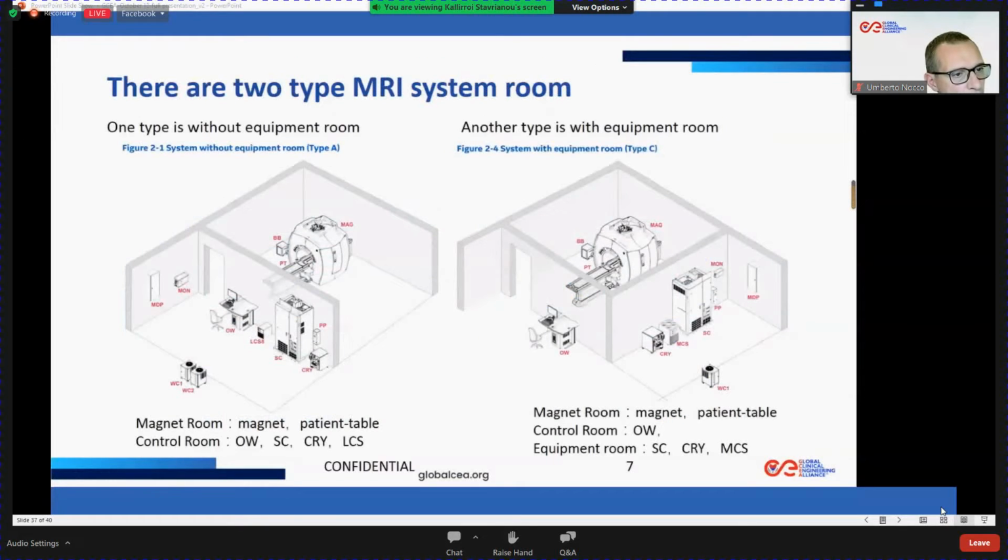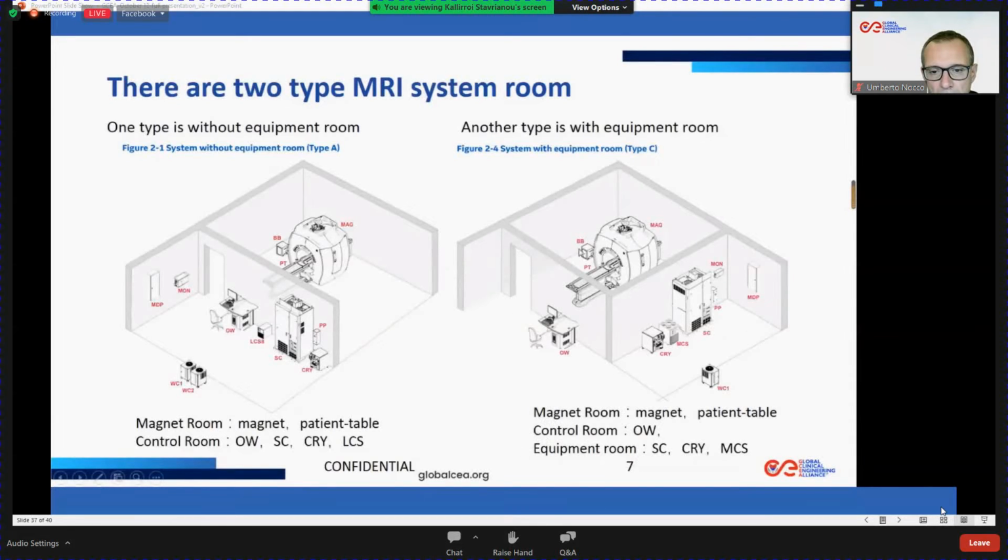Second, we will consider the MR rooms, how big they should be. There are two types of MR system rooms. One is without an equipment room, with the control room and the equipment room together. There's a magnet room and a control room. Another type is with 3 rooms: magnet room, control room, and equipment room.